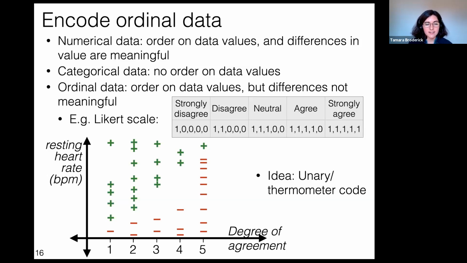Now, the idea here is that whenever I split, I can split in order, such that strongly disagree, disagree, and neutral are all together, and agree and strongly agree together. Unlike categorical data, I don't just take out a particular item when I split. I do a split that is in order, but there's no implicit ordering on the data.